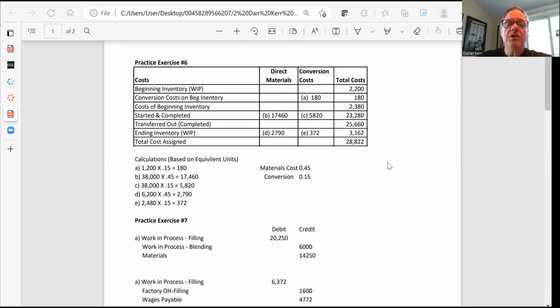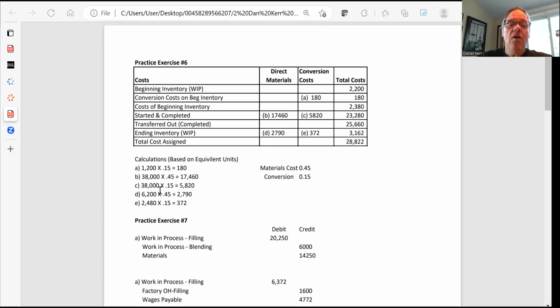We add to that the cost of goods started and completed, and you can see our computation here. There were 38,000 units started and completed. So our materials costs are 45 cents a unit, which gives us 17,460. And our conversion costs are 38,000 units times 0.15, which gives us 5,280.